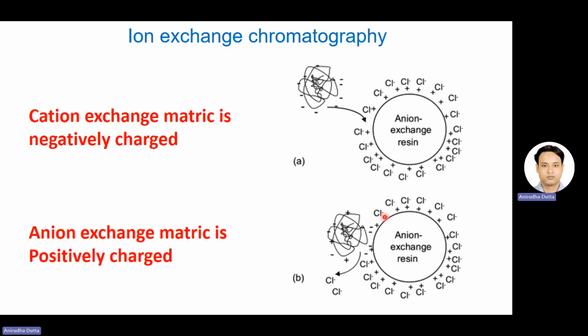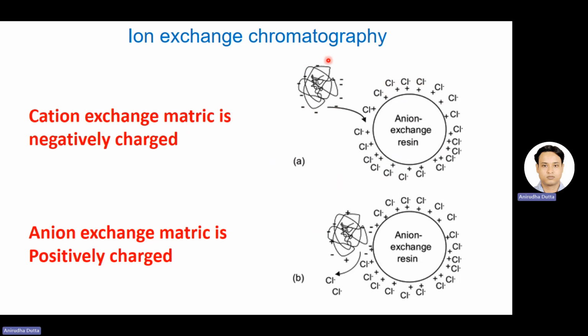As you can see here, the ion exchange resin, here it is an anion exchange resin, is positively charged, and the complementary ion, that is chloride minus, is attached to the resin because of Coulombic interaction.